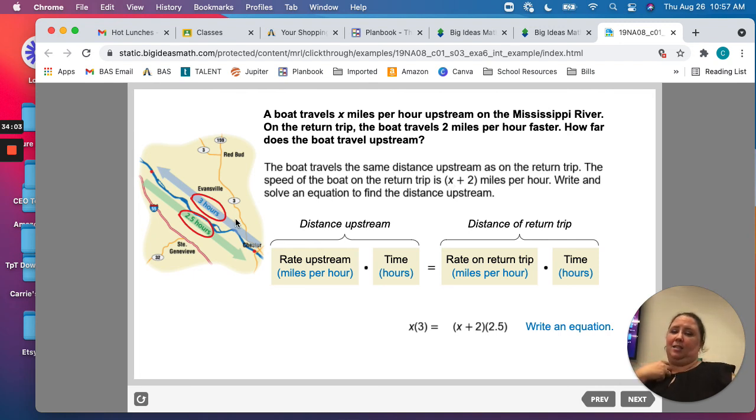So you take the rate, x, times how long it took. Going up, it took 3 hours. So x times 3 is the first part. That equals, because we know the other trip was the same distance, we just did it faster, the rate plus 2, and then we multiply that times how long it took us. Good. Okay, now we can solve for x.